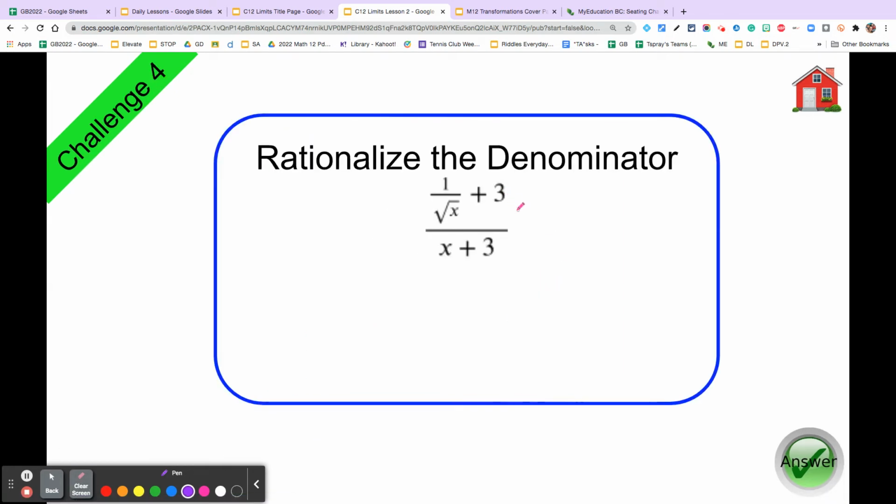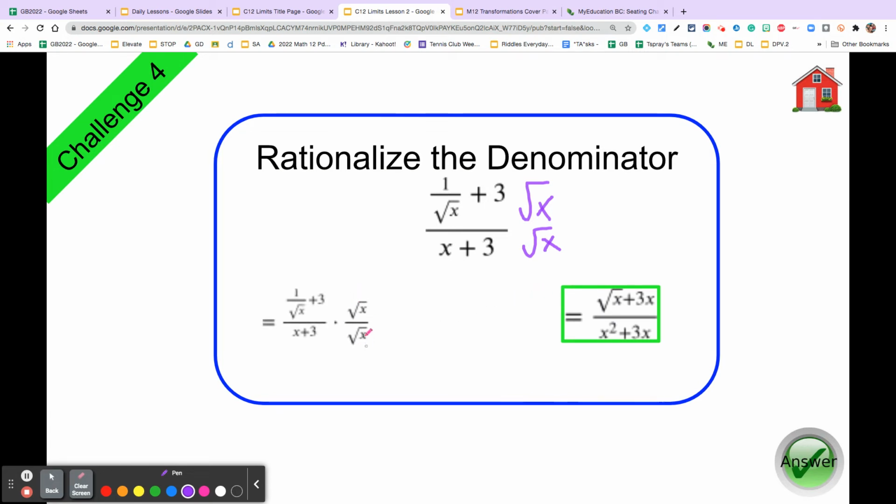Okay, getting more complicated again. Rationalize the denominator. Well, oh boy, this one's tricky. I am inclined right now to get rid of the fraction first. So I'm going to do this first. I'm going to go top and bottom by root x. This is not rationalizing the denominator. In fact, some people might say that the denominator is rationalized. So perhaps I should word that better.